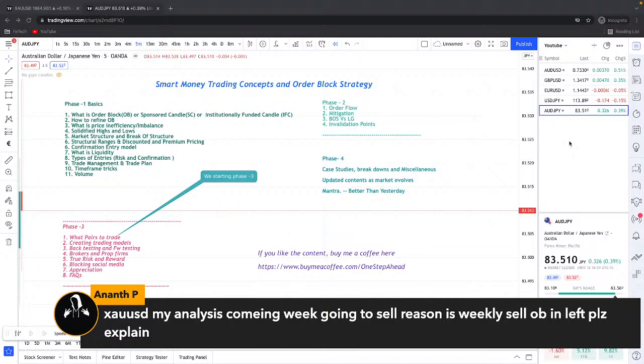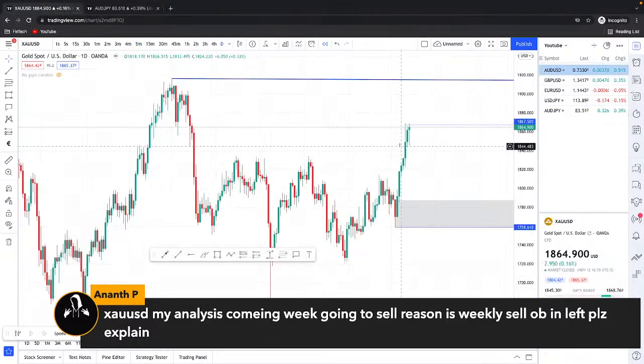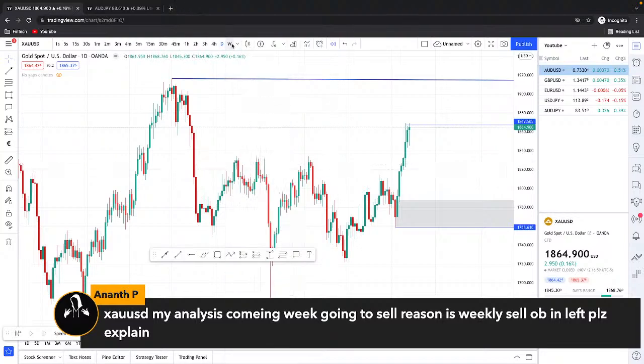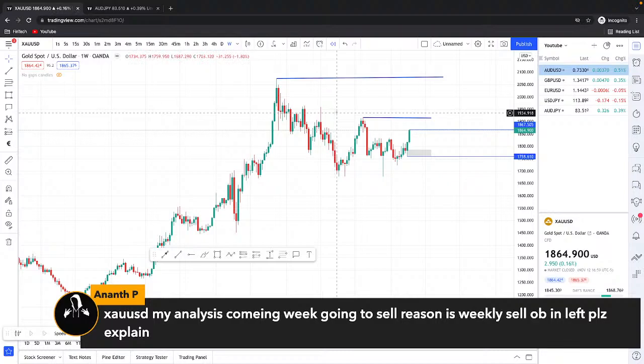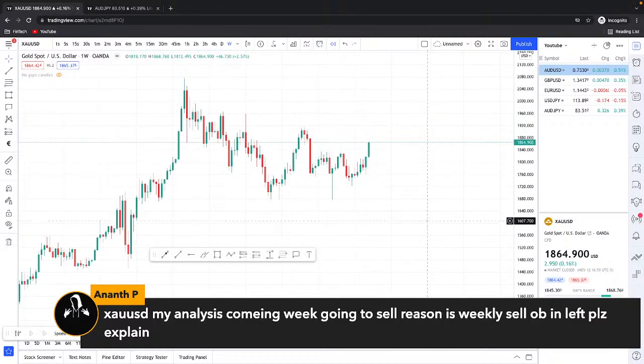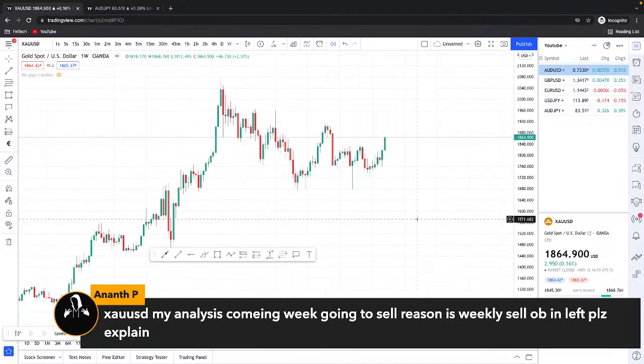I generally don't go beyond daily, but let's see what is there on gold, because for weekly you need to hold a trade longer, and sometimes the charges will kill your profit. Let's see what you see here. First thing first, we have this low.